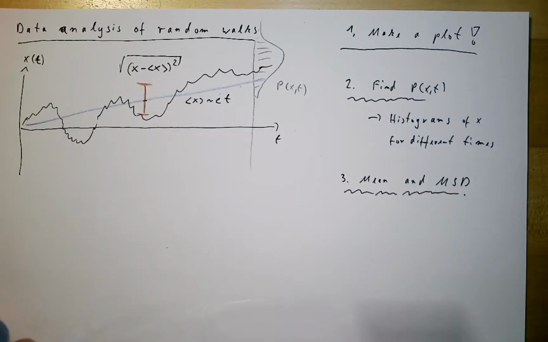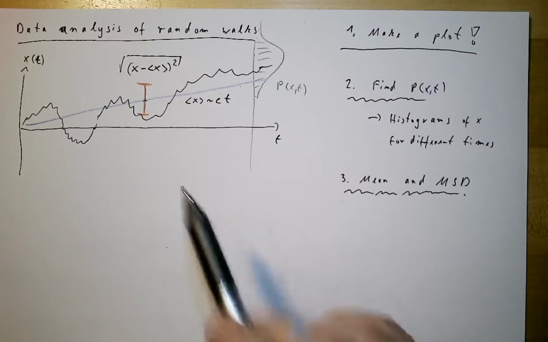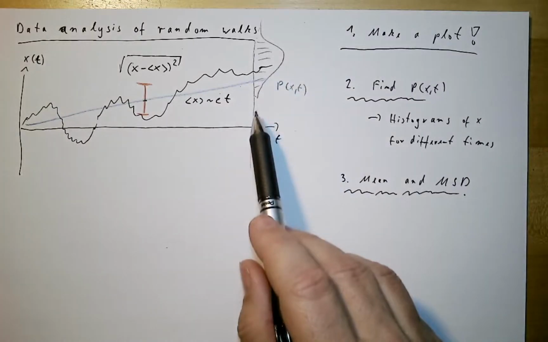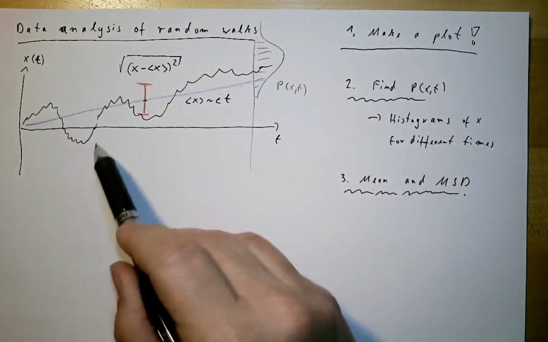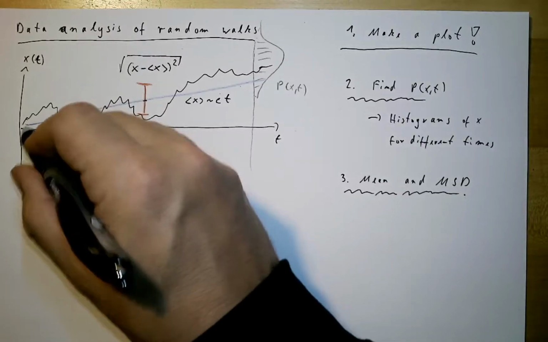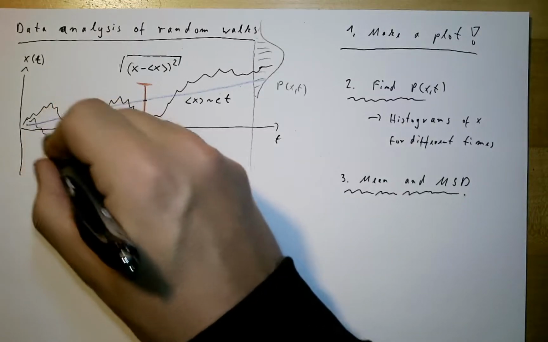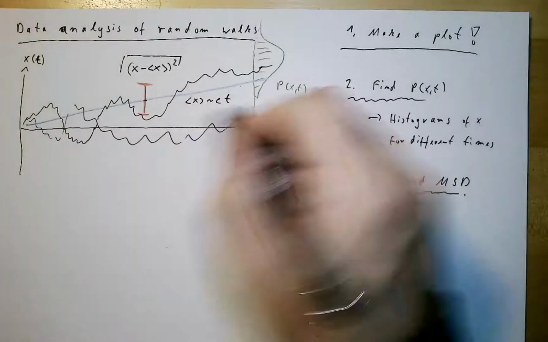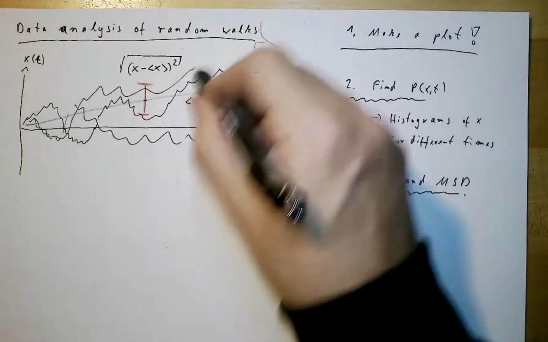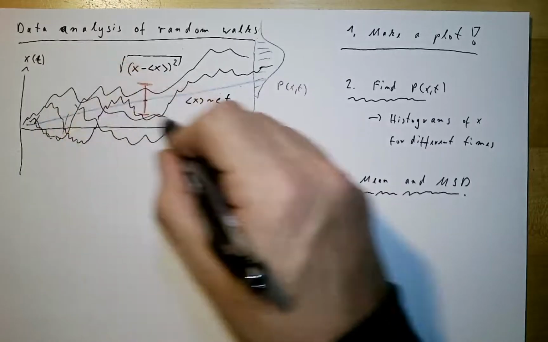Now the thing is, all of this what I said before we can do if we not only have one realization but many here. So let's say we have another one which goes like this, a third which goes like this, and another one.